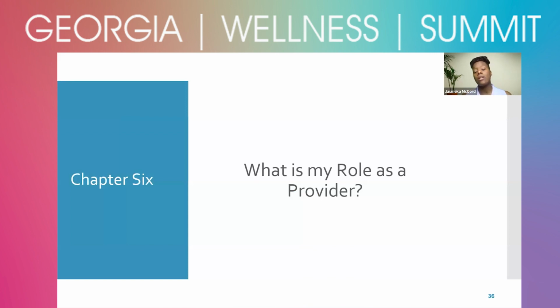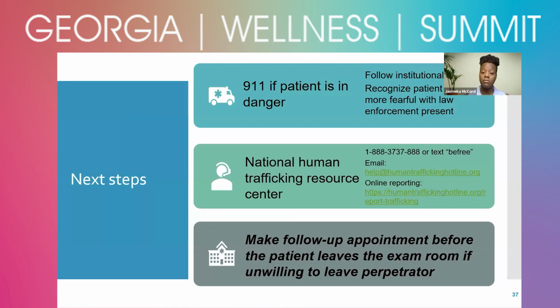Now, what is your role as a provider in these situations? Your next steps are to, again, once we isolated them for their victim, now you intervene. Now is the time to make a call to the National Human Trafficking Resource Center. Now is the time to call 911 if the patient is in danger. Remember, you're not always coming into contact with them in the emergency room or the urgent care or in the office.